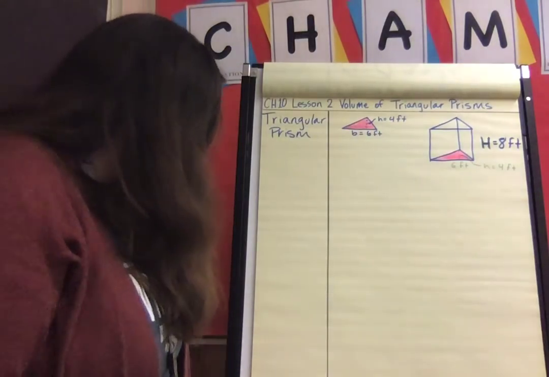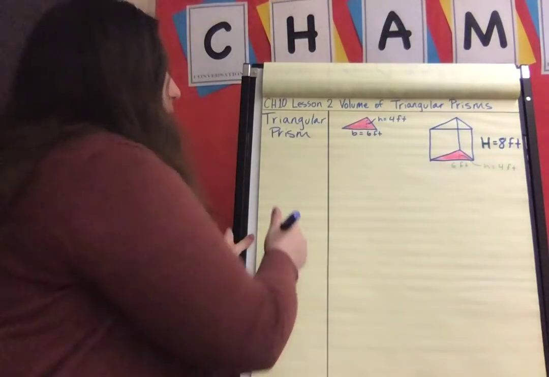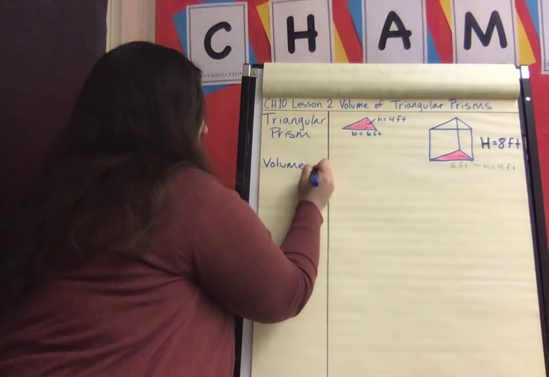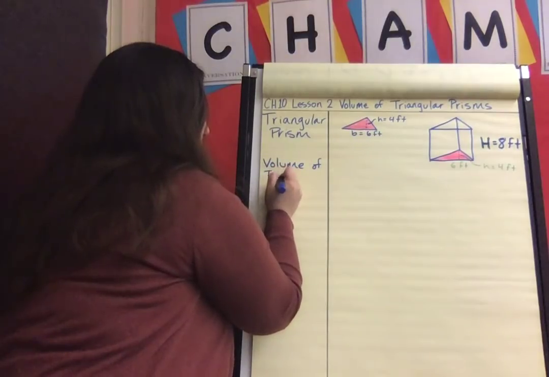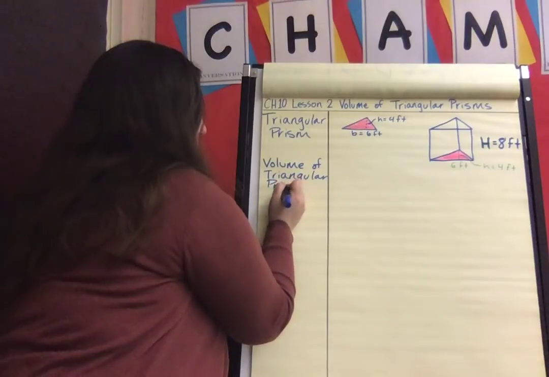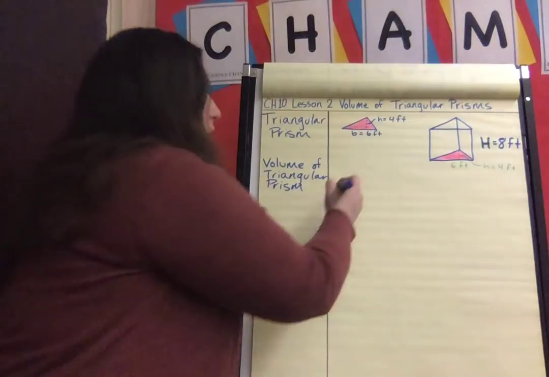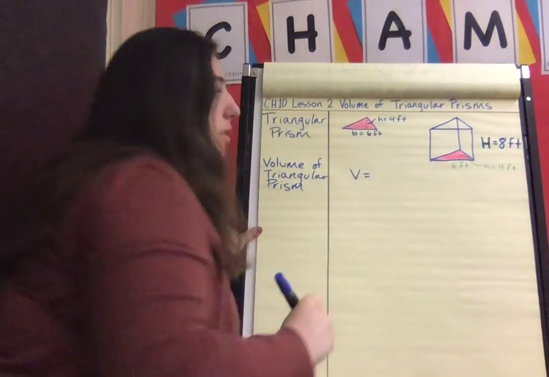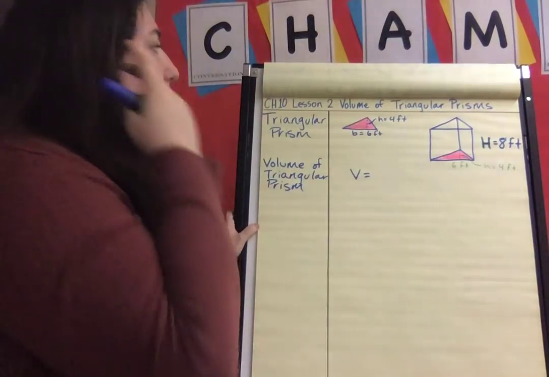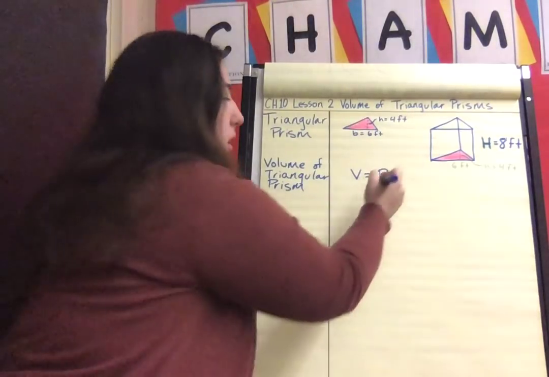Okay, so now let's write down what the volume of a triangular prism is. So the formula. So volume of triangular prism. This is going to look similar to what we wrote down as the volume of a rectangular prism. Okay, so we have base, capital B, times the height.